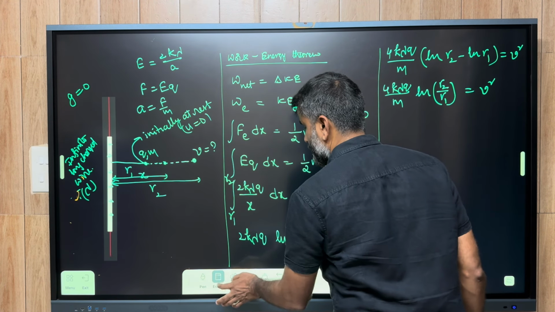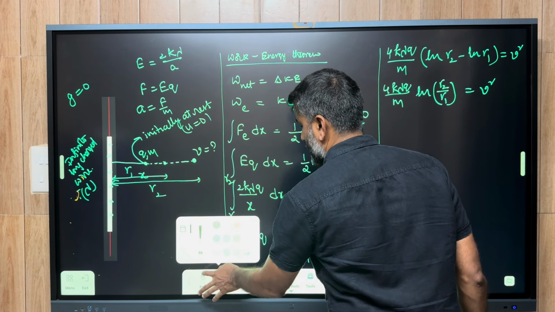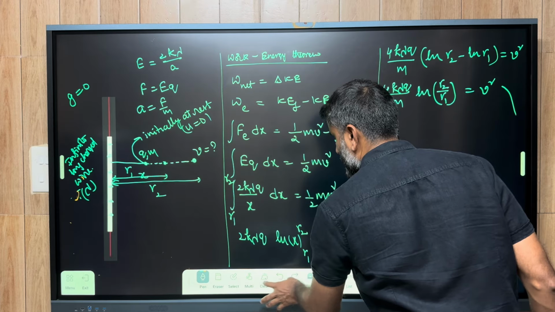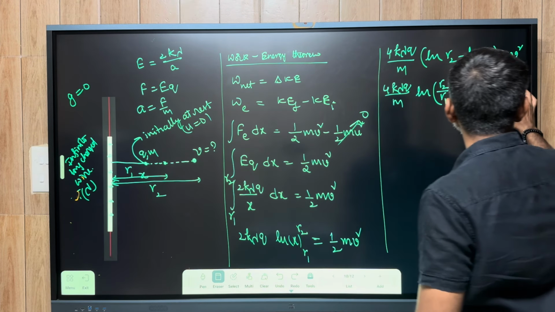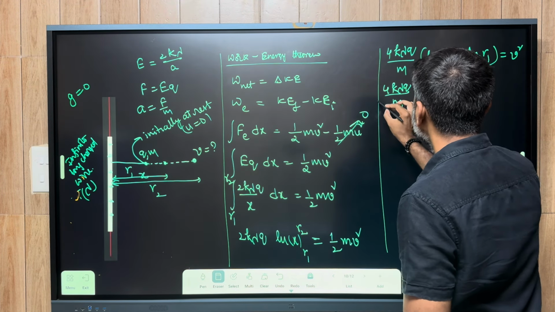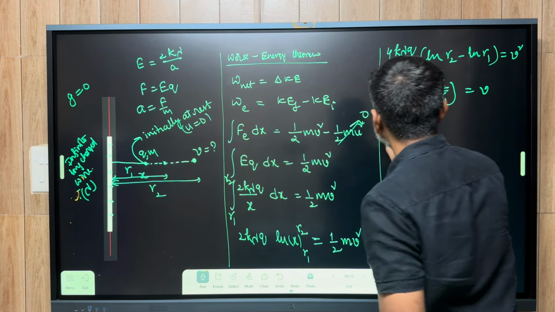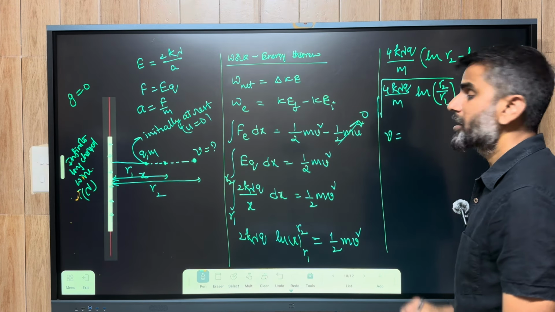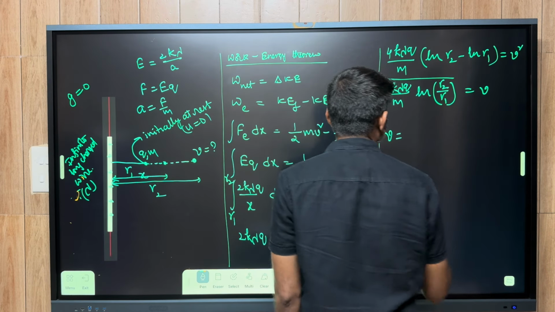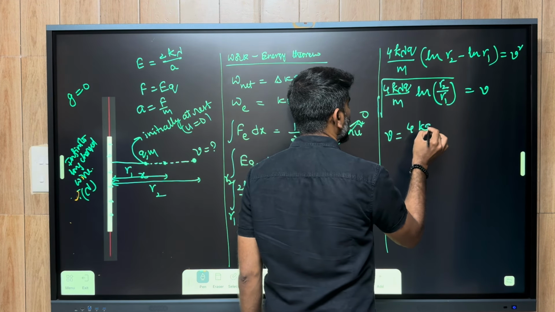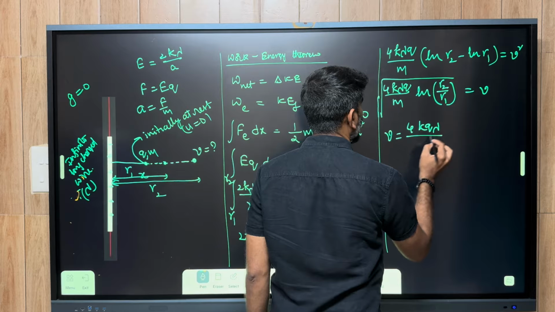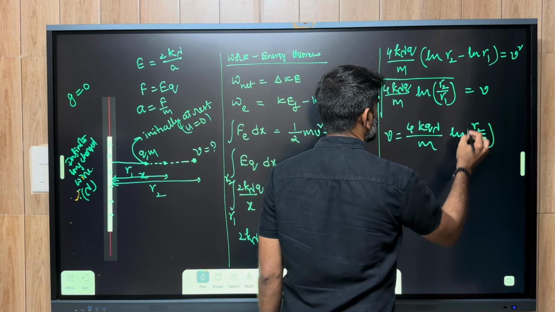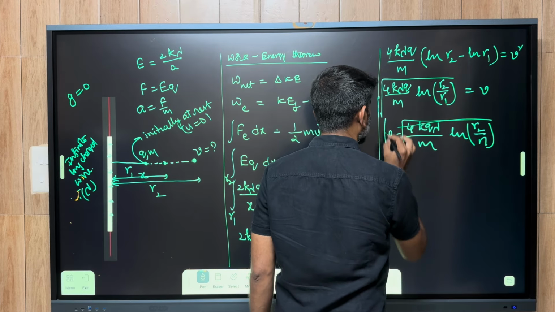If I want to take out this square, I have to put a root here, right? Now the final velocity acquired by the charged particle that we have taken is 4k q lambda by m log r2 by r1 under root.